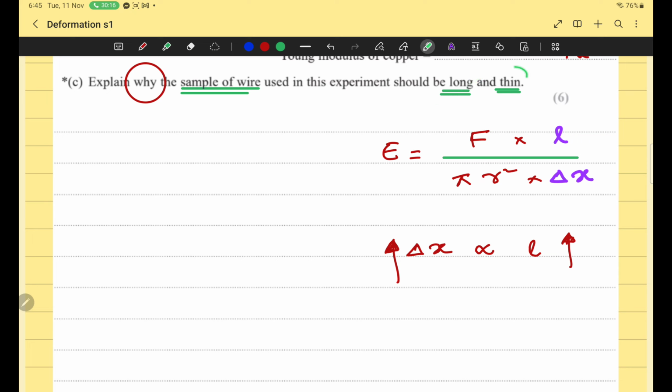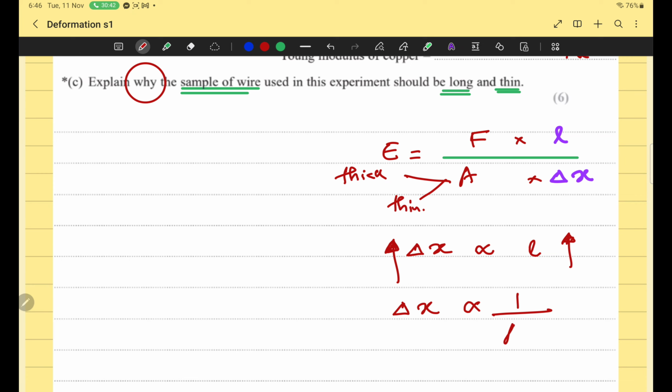Number two, for the thin wire, if I shift again this delta x on the other side, then extension is inversely proportional with the area of cross section. This pi r square is area of cross section, and area may be thick, may be thin.